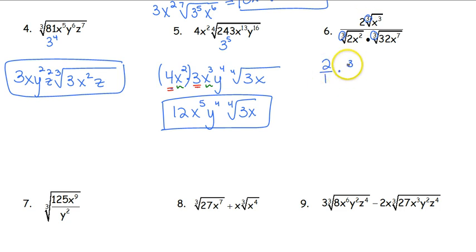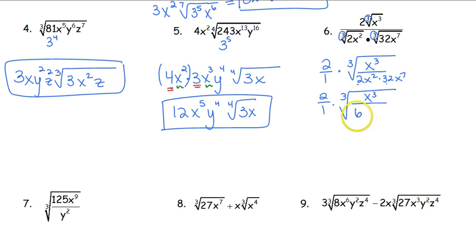And I multiply that by the cube root of x to the 3rd, 2x squared times 32x to the 7th. Again, 2 over 1. We're having the cube root of all of this. We have x cubed on top. 2 times 32 is 64 on the bottom. X squared times x to the 7th is x to the 9th because we add those exponents.